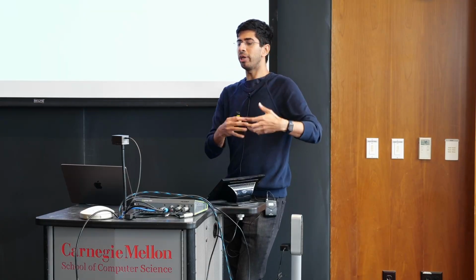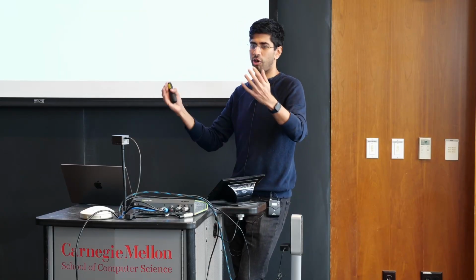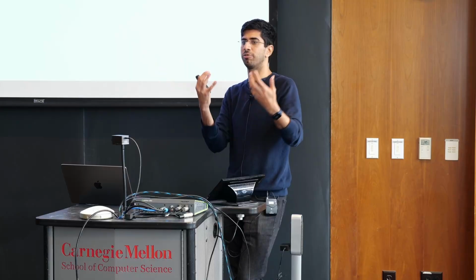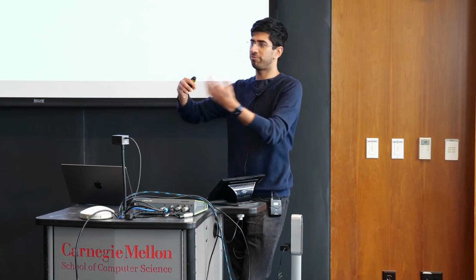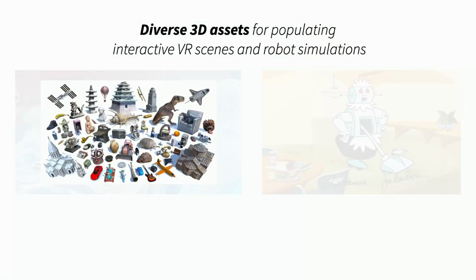And towards both of these, maybe slightly different promises, there are some common paths, right? When we have these AR, VR interfaces, to populate these, we require diverse 3D assets of everyday objects and scenes that will form the elements of these interfaces.